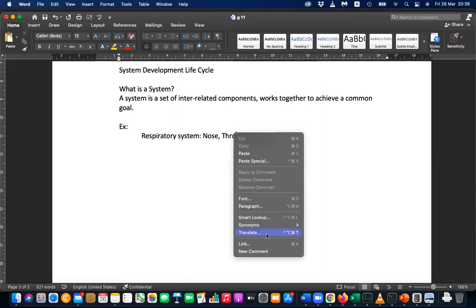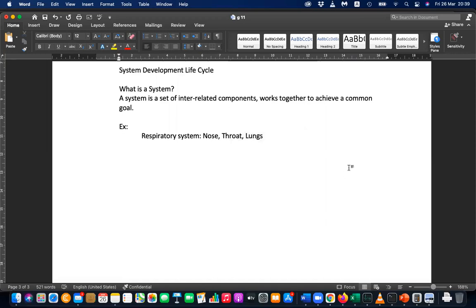What else? Nose, throat, lungs, these are the components or parts, and those are working together, etc., to achieve the goal of respiration.